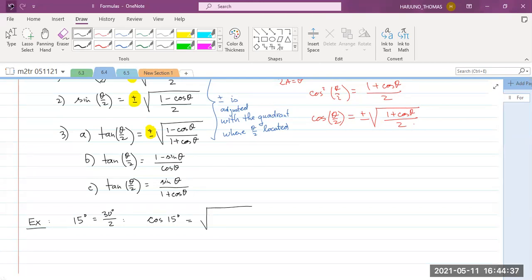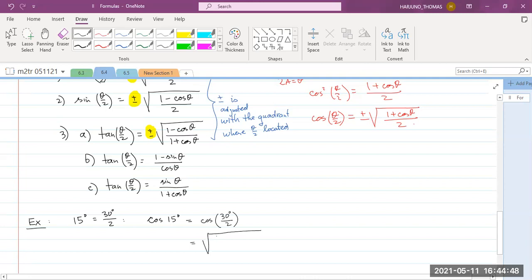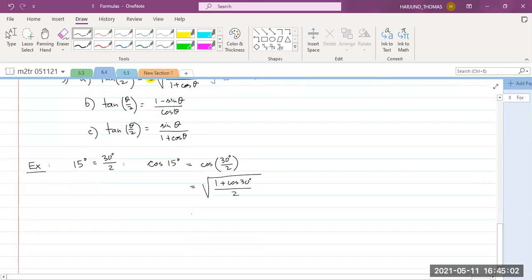Okay, maybe I write it this way. Cosine 15 degrees is cosine of 30 degrees over 2. That is quadrant 1, so it's positive, square root of 1 plus cosine 30 degrees over 2. Then we compute. This is square root of 1 plus radical 3 over 2, over 2.